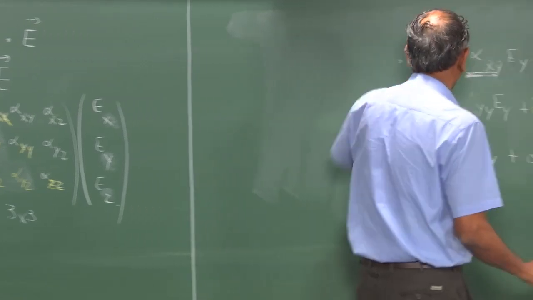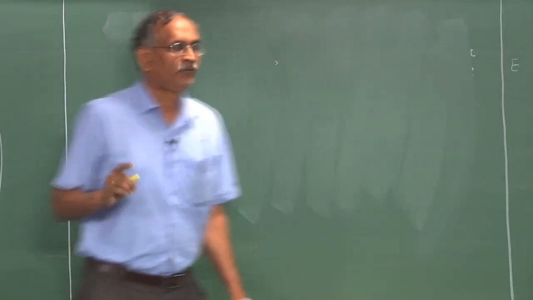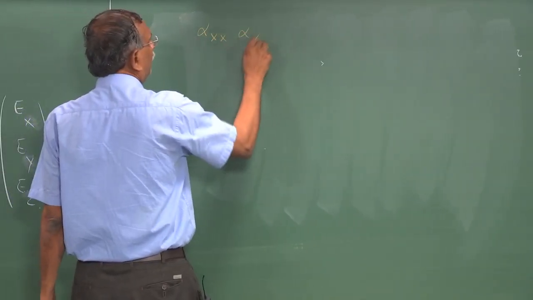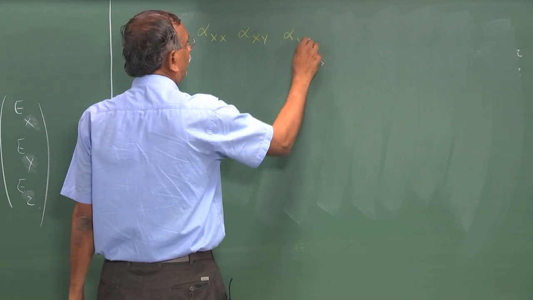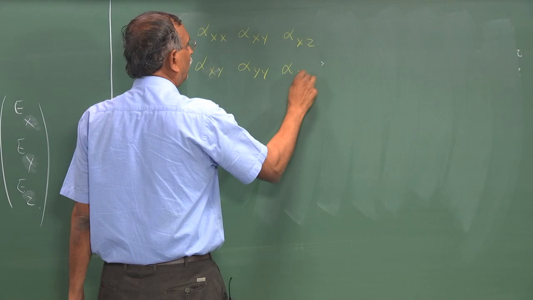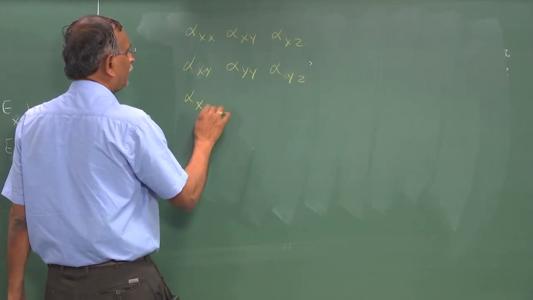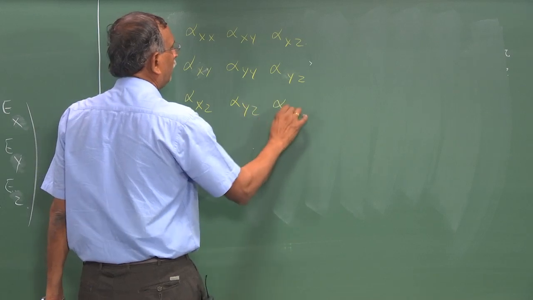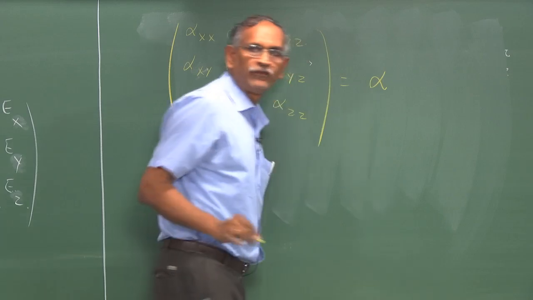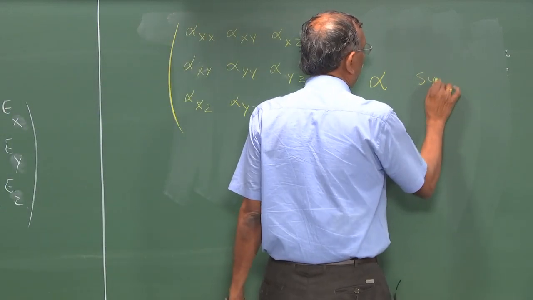This is with respect to the coordinate system x, y, z. Okay. The matrix that we have here, the alpha xx, alpha xy, alpha xz, alpha xy, alpha yy, alpha yz, alpha xz, alpha yz, alpha zz, this matrix is called the second rank tensor matrix of alpha, and it is a symmetric matrix.